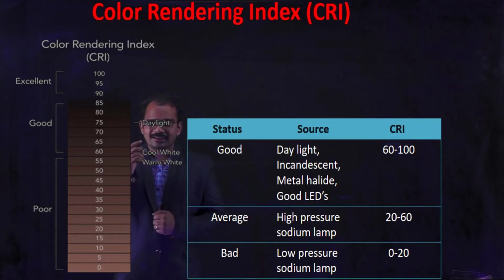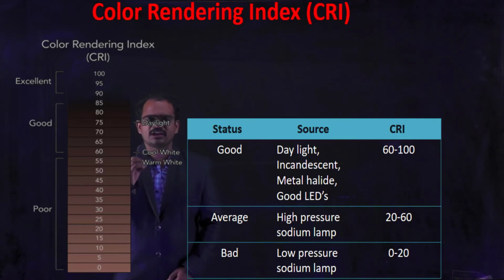So the light sources which have very good or excellent color rendering indexes are daylight, incandescent lamp, metal halide lamps and LEDs. The light source which has an average color rendering index is the high pressure sodium vapor lamp, whereas the light source which has a very bad color rendering index is the low pressure sodium vapor lamp.